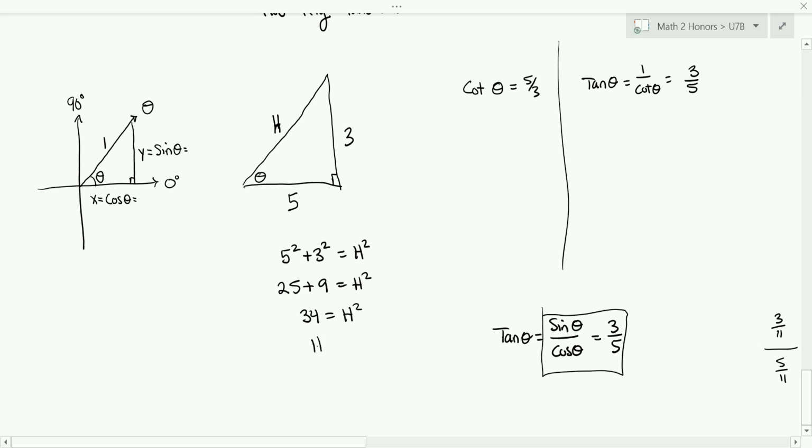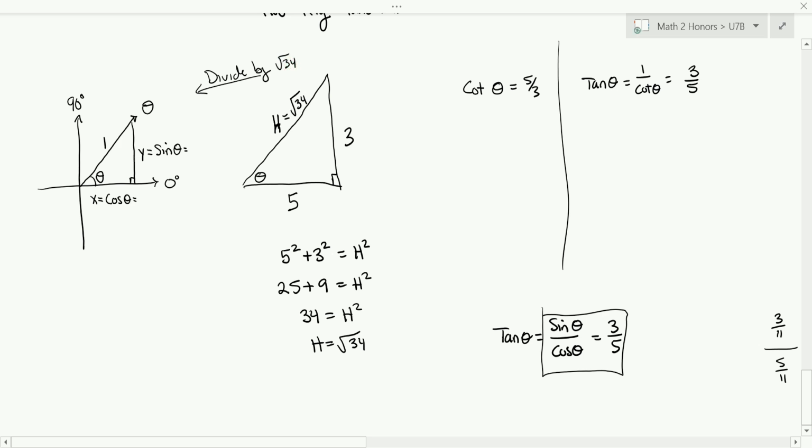So our hypotenuse is root 34. Okay. Now we have enough information to figure out how I can scale down. What am I going to do? Divide by root 34.